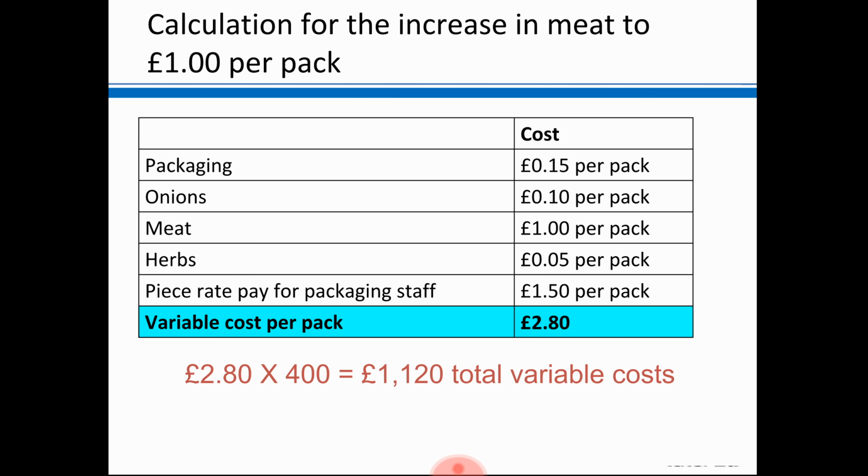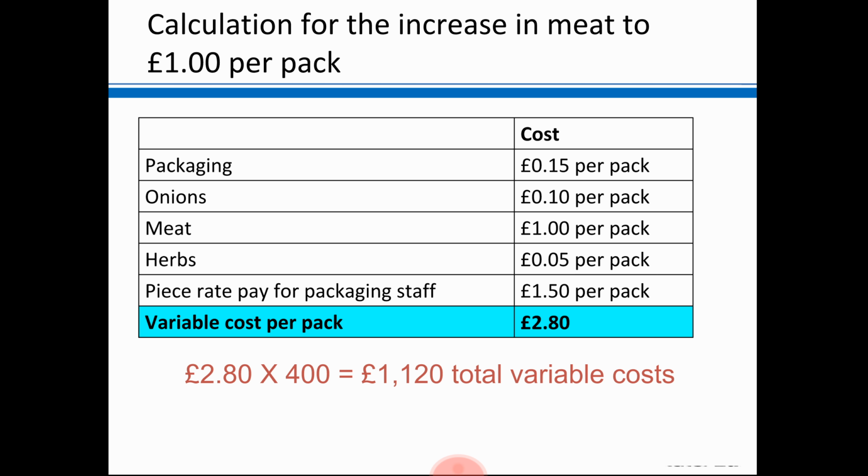Now, this one's slightly different because we're looking at the calculation for increase in meat to £1 per pack. So we have changed the meat to show £1. We now have a new variable cost per pack, £2.80. So £2.80 times 400 packs is 1,120 total variable costs.